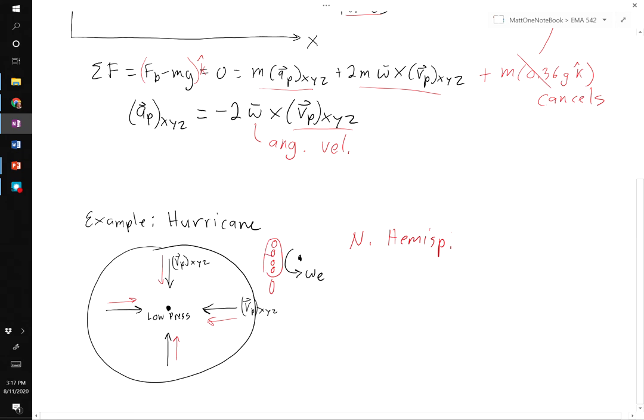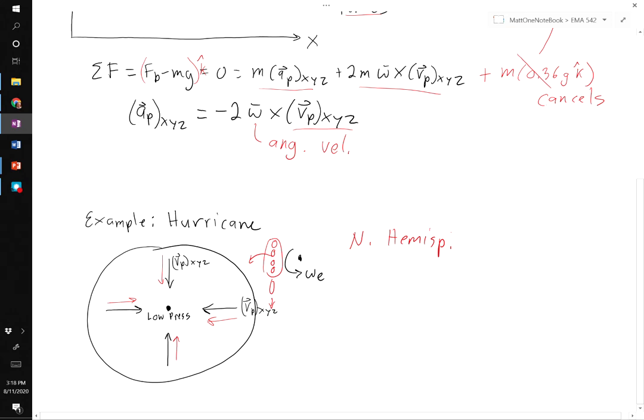And now we're going to curl those fingers towards the direction of velocity because we want omega crossed into v. So we curl that for this one here in this direction, and we get our thumb pointing down this way, right?